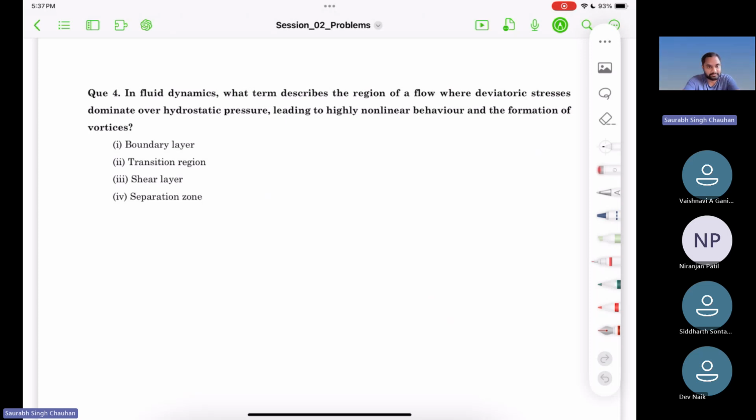So again, there are four options. Please think and try to answer.